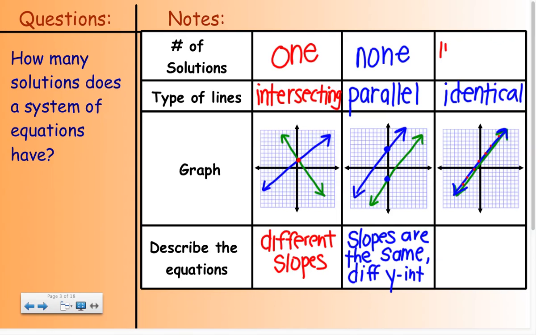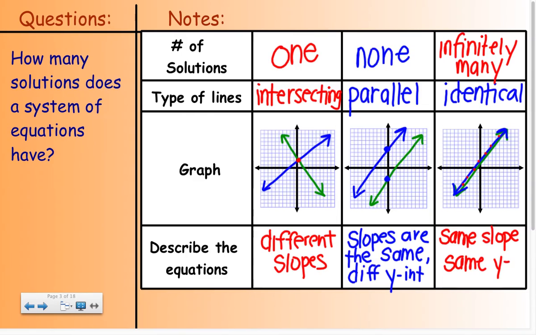So they intersect infinitely many times. Now think about the equations. If we have the exact same line, they have to have the same slope and the same y-intercept if they're going to be exactly the same.